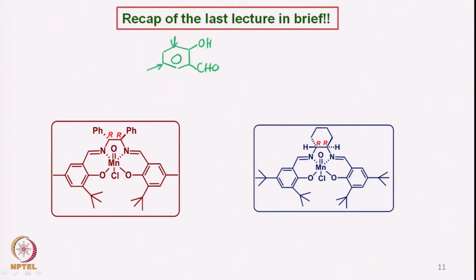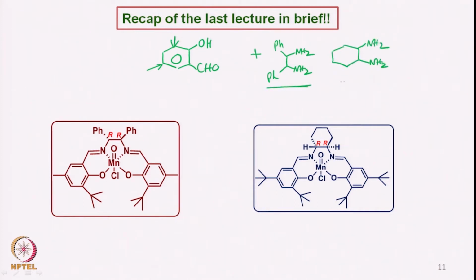That means a substituent ortho to the hydroxy group and para to the hydroxy group is what is required. And of course we used two different types of amines, and one of them was of this kind where we had the C2 symmetry based amine, and the other one was with the cyclic system, and this is how these two amines were taken up.